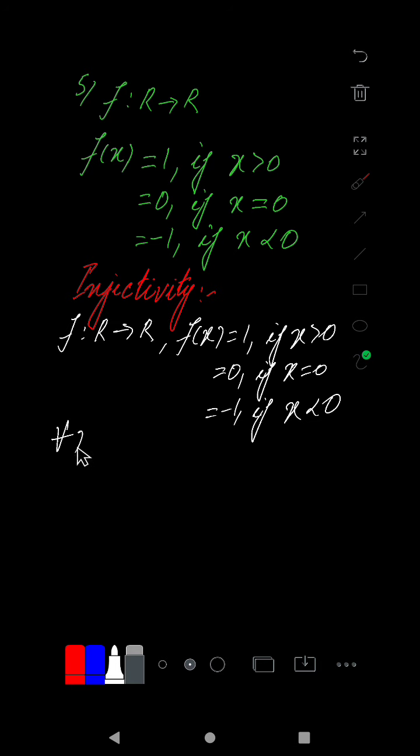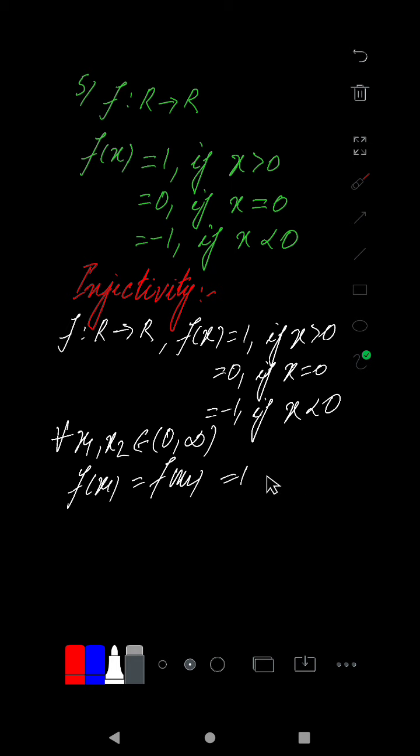So for all x1 and x2 belongs to (0, infinity). Since for x greater than 0, meaning any value from 0 to infinity, f(x) has a constant value 1. So there are infinite real numbers from 0 to infinity. So any two numbers from 0 to infinity, whether they are equal or not equal, the function's value is the same. So f(x1) is equal to f(x2) is equal to 1 even when x1 is not equal to x2.